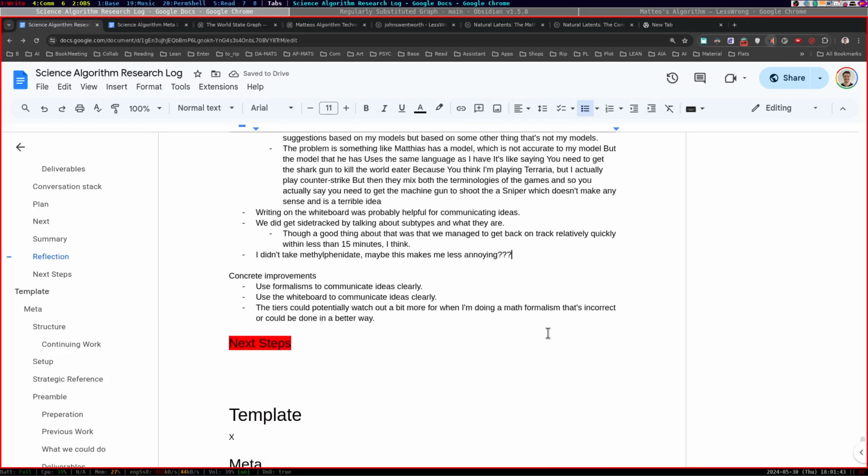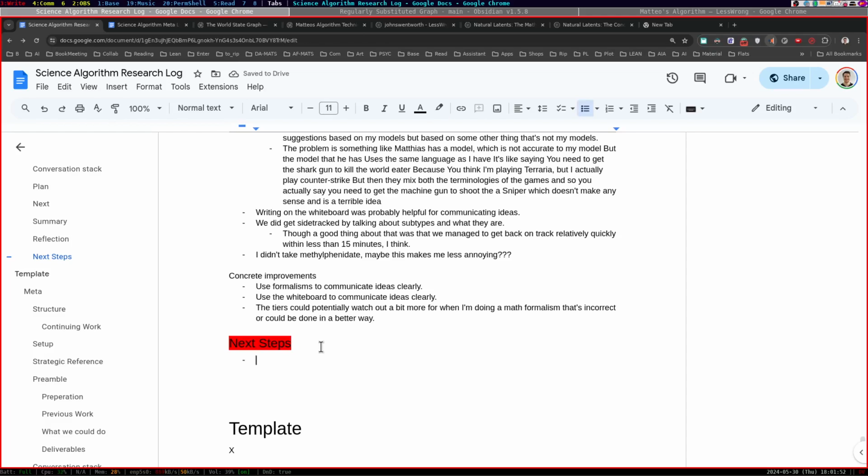Okay, anything else? Oh, maybe next steps. Where we left off right now would be to figure out some set of simple graph substitution rules that would generate a 2D lattice and, more generally, any n-dimensional lattice graph.